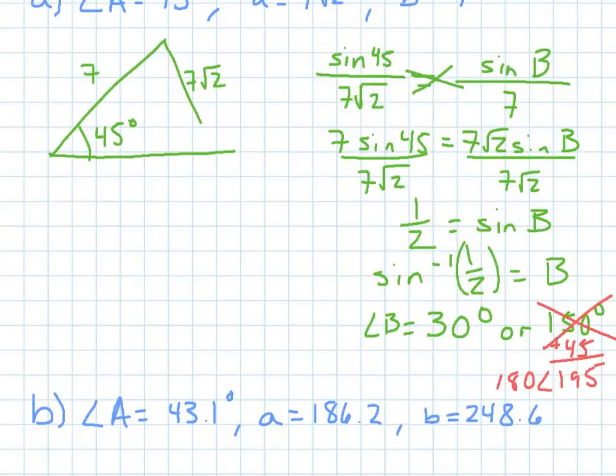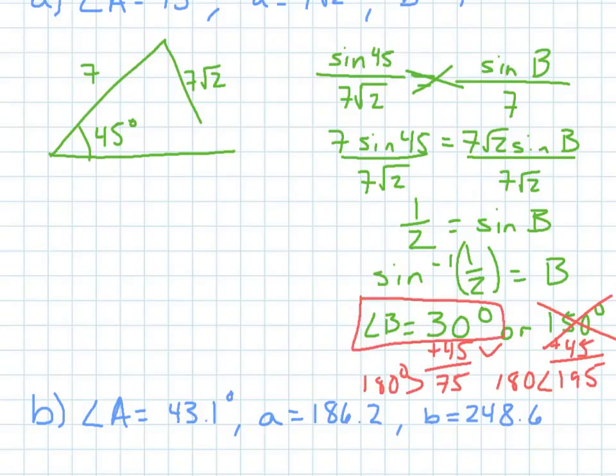So 150 doesn't work. But because 30 gives you 75, which is less than 180, that's okay. So the only solution you can have is 30 degrees for this triangle, so you have the one solution kind.